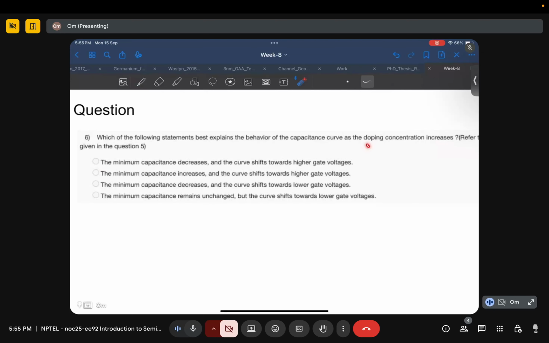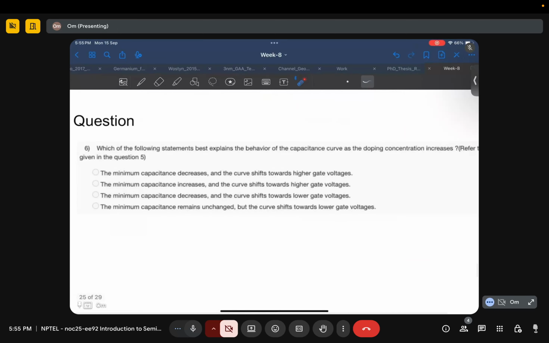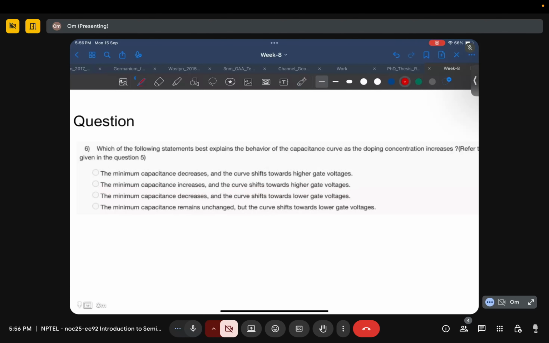As doping concentration increases, the minimum capacitance increases and threshold voltage also increases. So the answer would be the minimum capacitance increases and the curve shifts towards the higher gate voltages, which is this option.